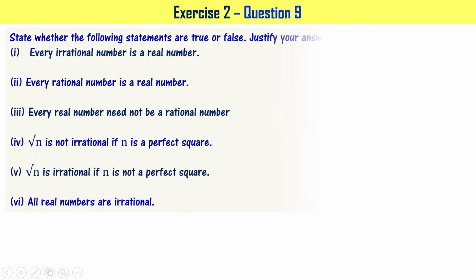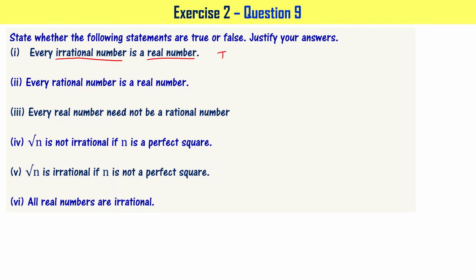Question number 9. State whether the following statements are true or false. Justify your answers. The first statement is every irrational number is a real number. Answer is true. The reason for this is we said that real numbers are a collection of irrational numbers and rational numbers, right? When you have irrational numbers and rational numbers put together, you get real numbers.